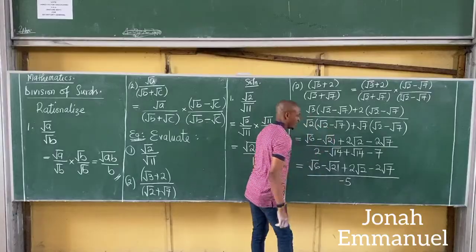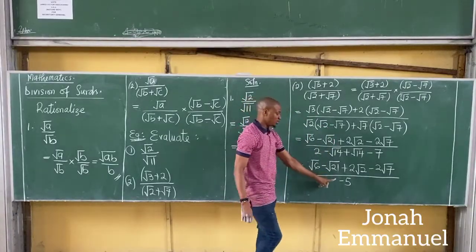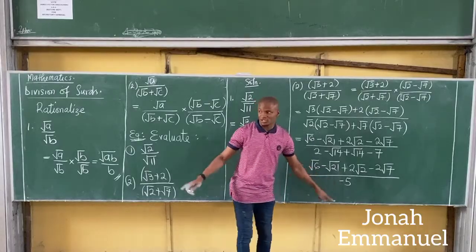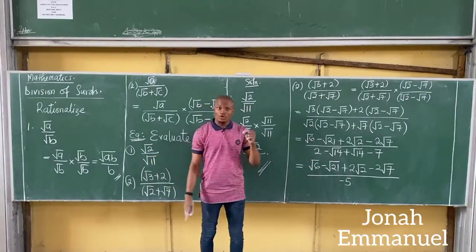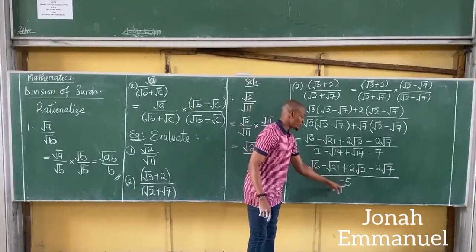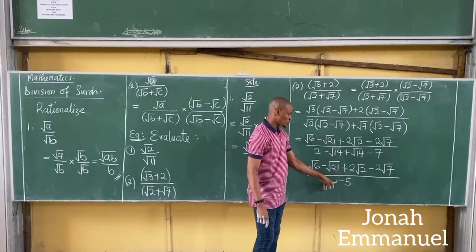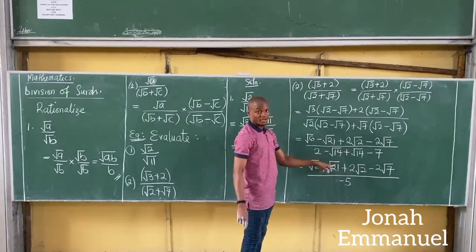Minus 5. Now mind you, it's improper to leave the denominator of a fraction as a sum. We said so. Also, it's improper to leave the denominator of a fraction as what? A negative. So what does it mean? In a case where I have minus 5, what do you do here now? Take the minus above here.